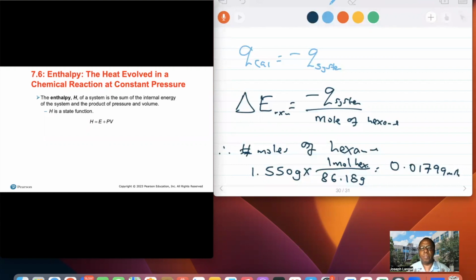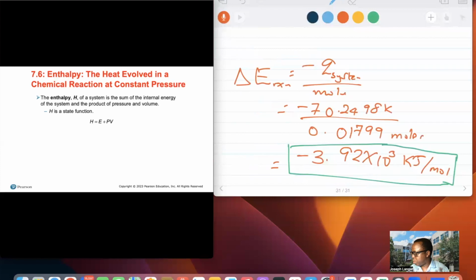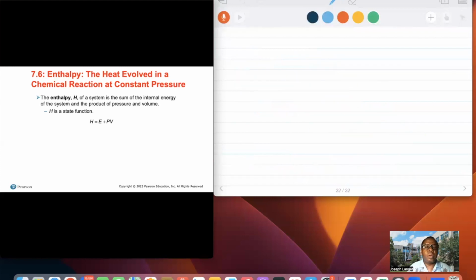If you want to draw the parallel between 7.5 and 7.6, 7.5 is on bomb calorimetry. Make your own notes. I know it's a short section. Read, define what a calorimeter is, what calorimetry is, what the bomb calorimeter is all about, and how to calculate the change in internal energy for the system. Then you should be able to handle problems on bomb calorimeter.